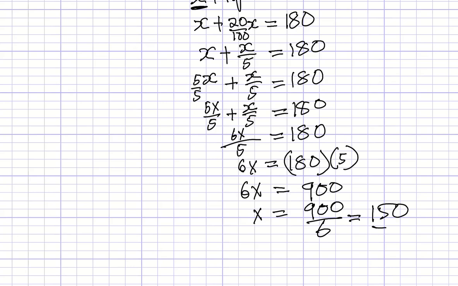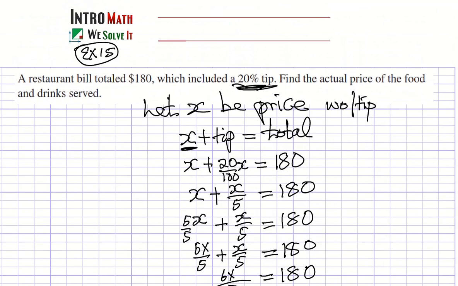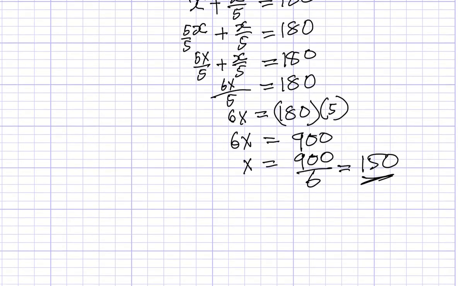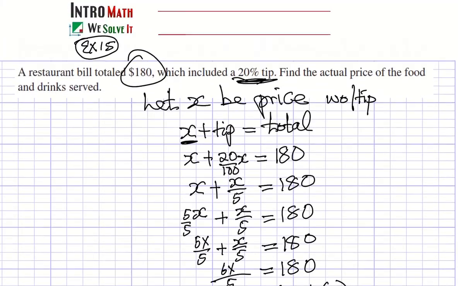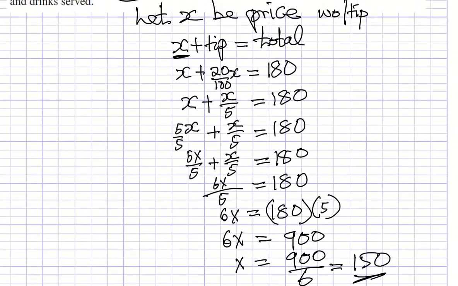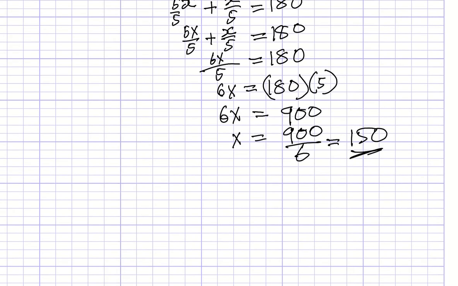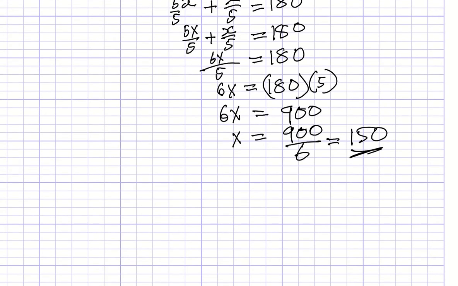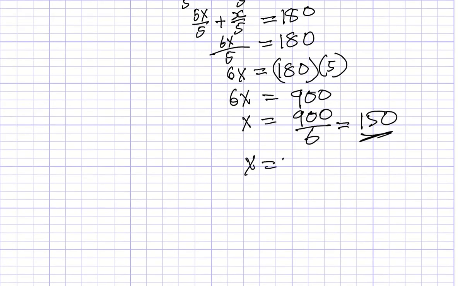Okay, 150. See? The total was 180, so basically they collected about $30 in tips. That's all he's saying. So x equals 150. That's $150, the original price without the tip.